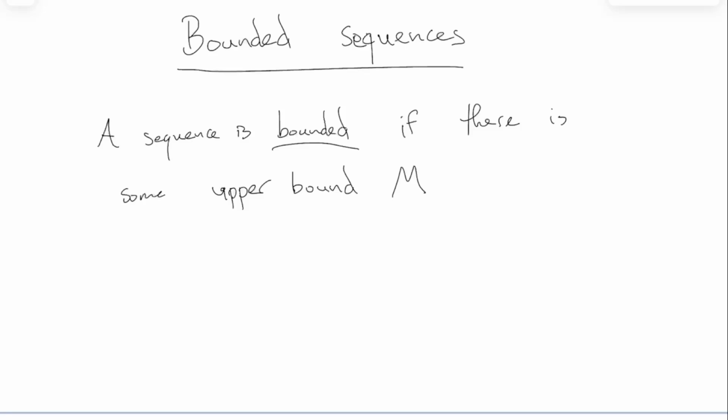There's some upper bound M such that a_n is less than the big M for every n. All right. Bounded means there is an upper bound, and the terms of the sequence never go past the upper bound. They are always less than the upper bound. This is probably what you thought I was going to say if you thought about it for a while. This is what it means to be bounded.